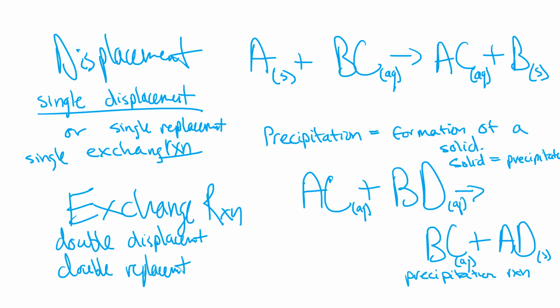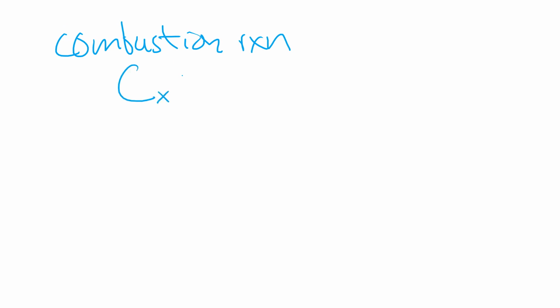Okay. Last two types of reactions. We've got two more types of reactions. Combustion reactions, which are typically: you take a substance, which is usually some sort of carbon, hydrogen, or other stuff.